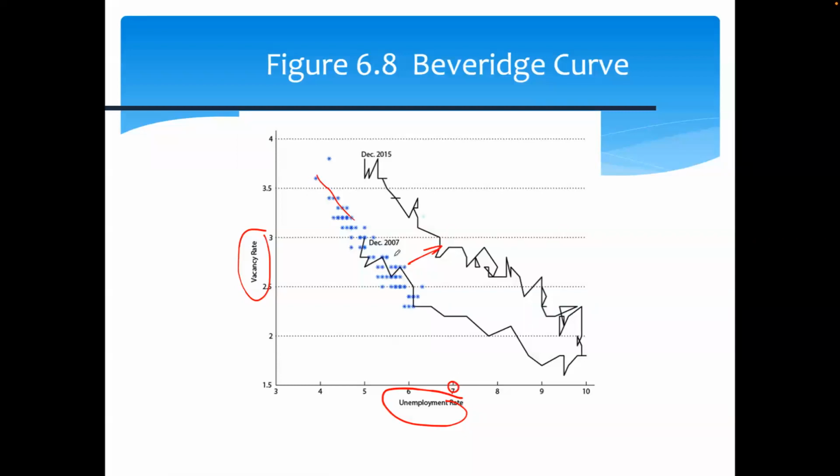For this negative correlation between the unemployment rate and the vacancy rate, we have a name. It's called the Beveridge curve. This very famous Beveridge curve is named after the economist Beveridge, who discovered this pattern.